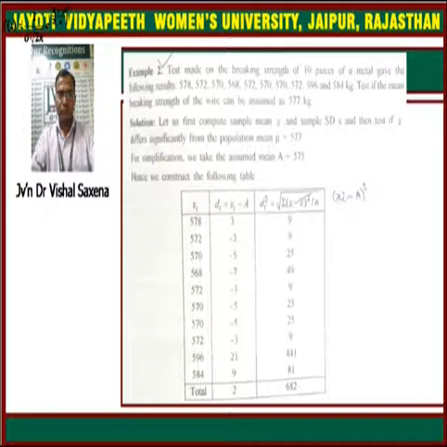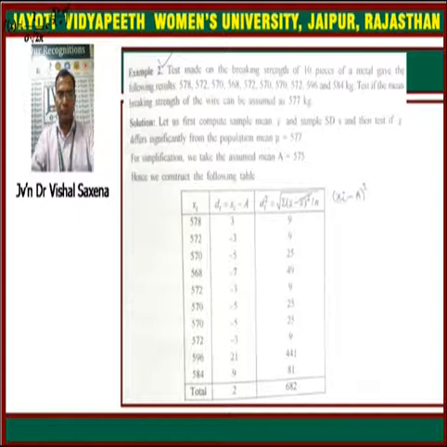We can do this by any one method to find the sample mean and the sample standard deviation. Here the standard deviation method is given. Initially we have taken the values of xi, then we find the values of di. Di means the deviation of data xi from the assumed mean a, and a is taken as 575.